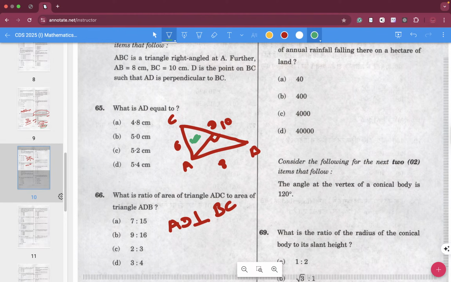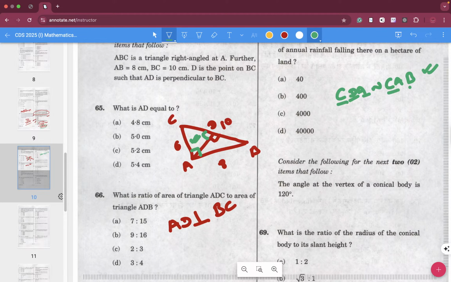So let's say triangle CDA is similar to triangle CAB. You have to write this properly, in tandem, as per the given values. C is the common angle. At A it is 90 degrees, and in the smaller triangle at D it is 90 degrees.